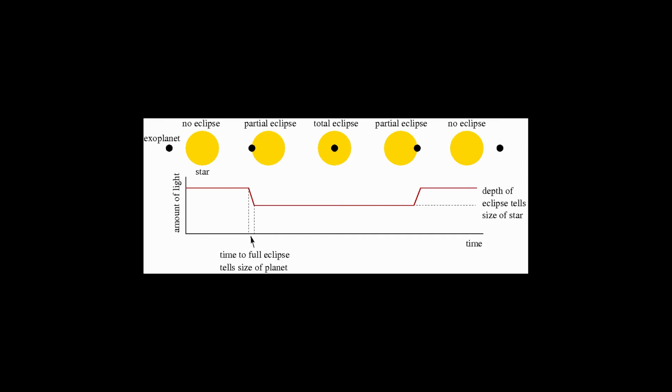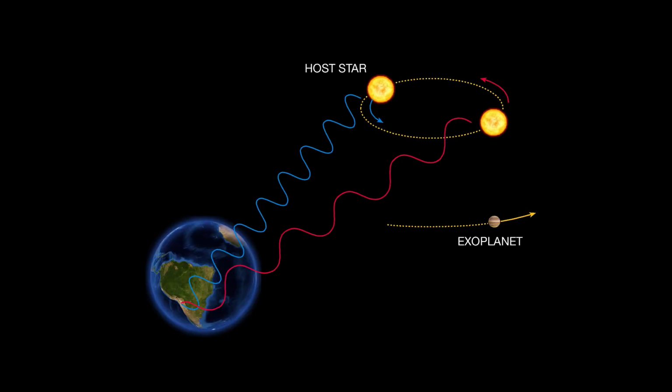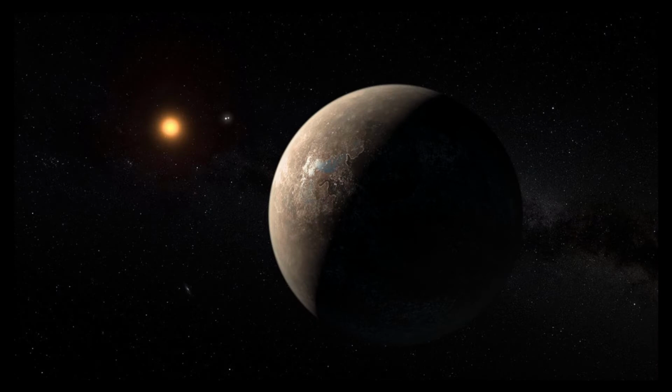But this method is relatively easy compared to the radial velocity method. I'll compare what kind of precision instruments you'll need for both later. Now, the radial velocity method uses spectrometric measurements of that star, and it also depends on how the planet's orbital plane is aligned to us, but not as much, since you can theoretically detect any planet with this method.